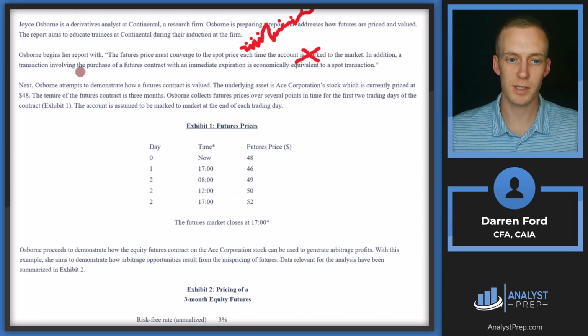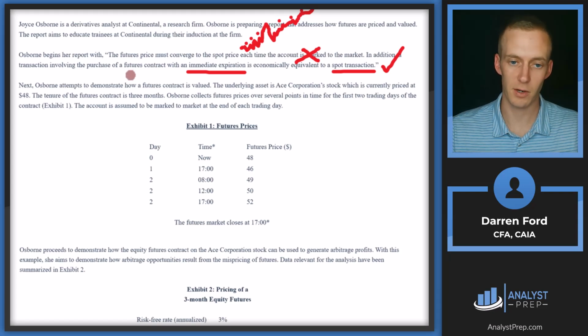So in addition, a transaction involving the purchase of a futures contract with an immediate expiration is economically equivalent to a spot transaction. So if I'm buying a futures and it's immediately expiring, is that equivalent to a spot transaction? And the answer is yes. If it wasn't, then there would be a big arbitrage opportunity, and market makers or whoever else would just be buying these futures that are expiring immediately and then able to sell them at a higher spot.